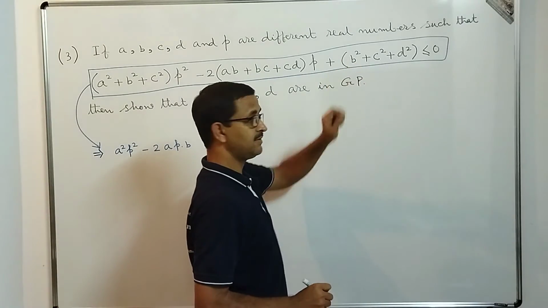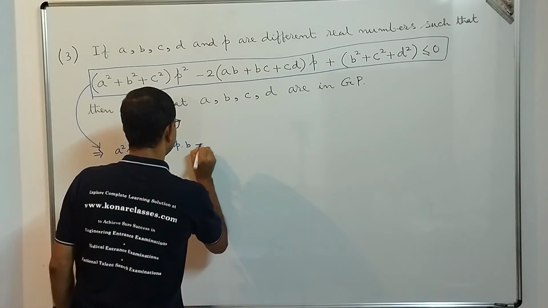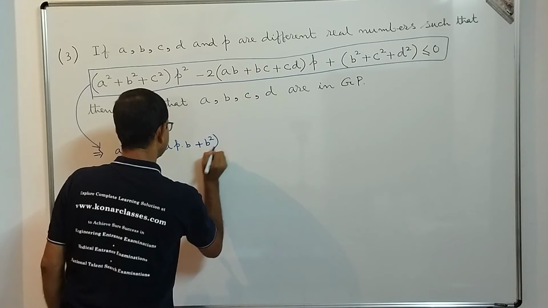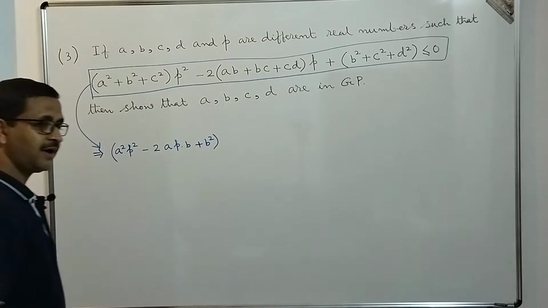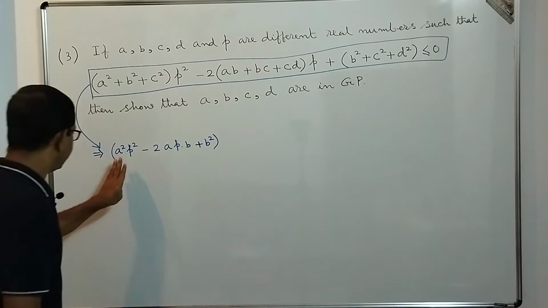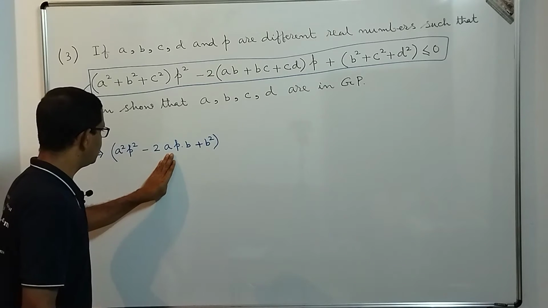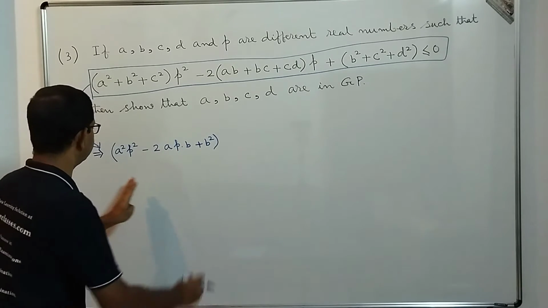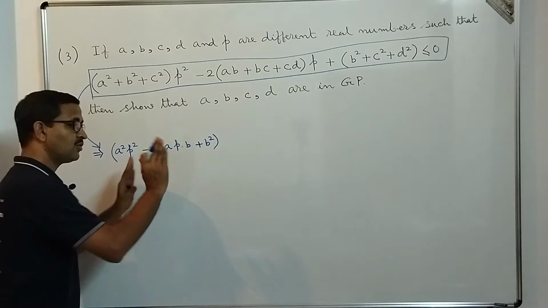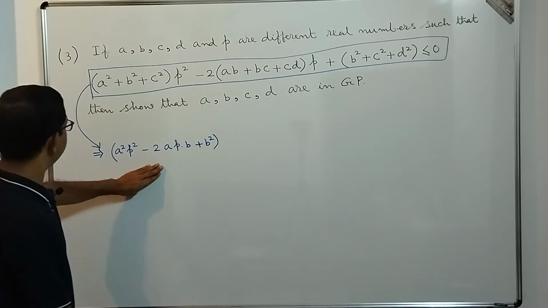And from here I take B square. There is a reason why I am writing so. That A square P square minus 2 into AP into B plus B square is nothing but AP minus B complete whole square.